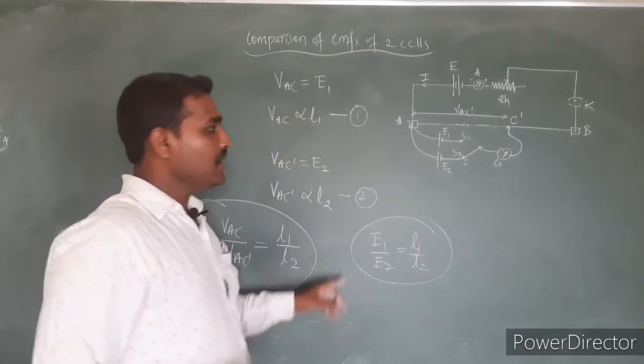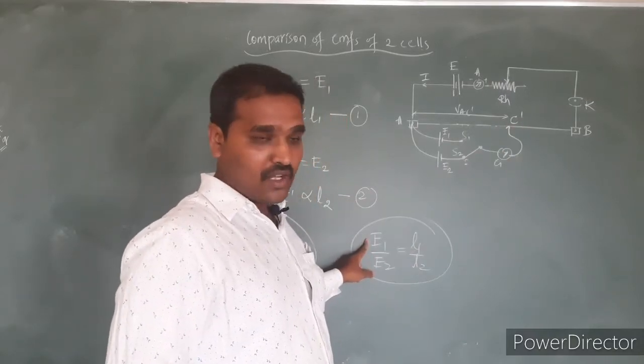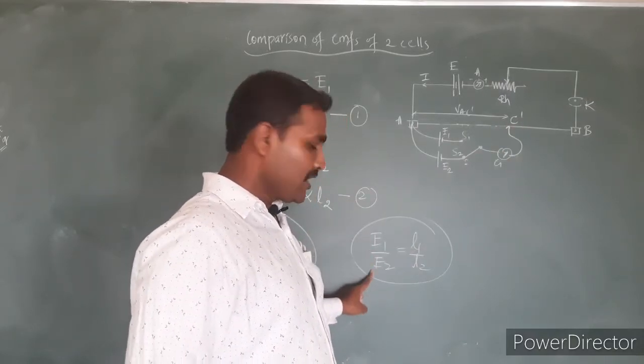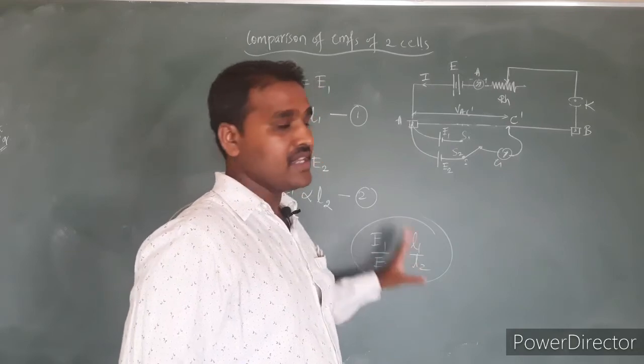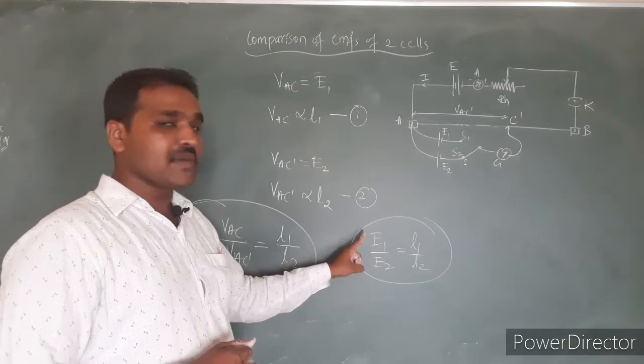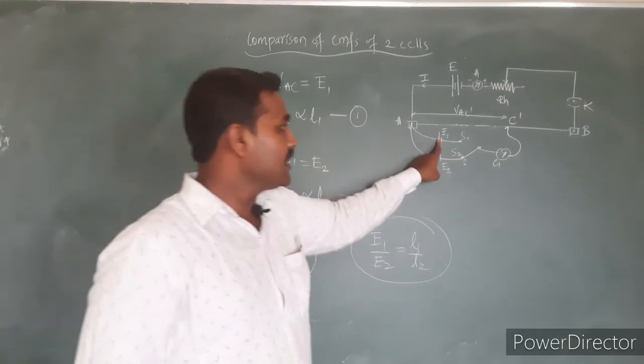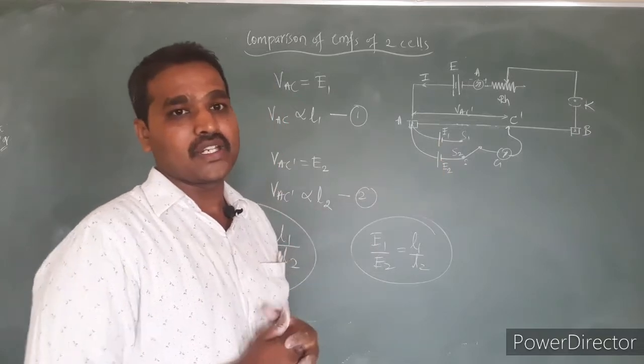Just by knowing the balancing lengths L1 and L2, we can compare the EMFs of our two cells. This is how we can compare the EMFs of our two cells, by finding the balancing lengths by connecting E1 and E2 separately.